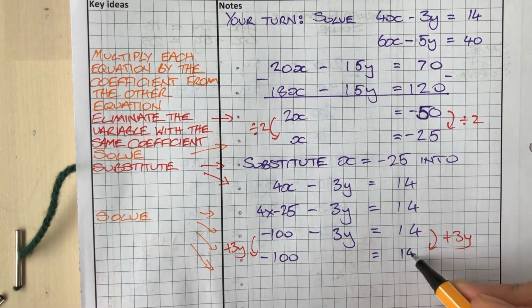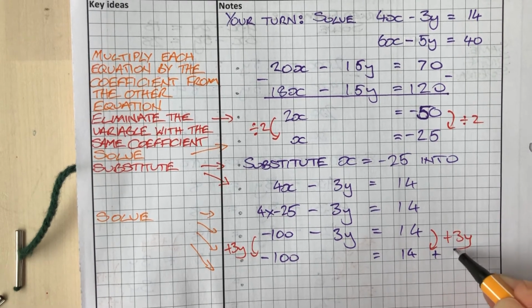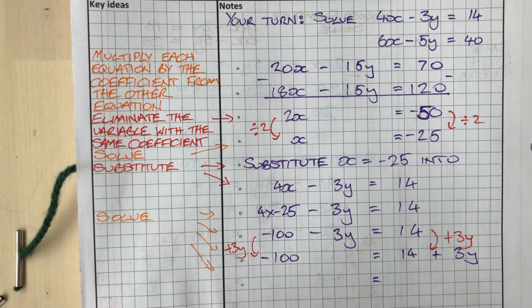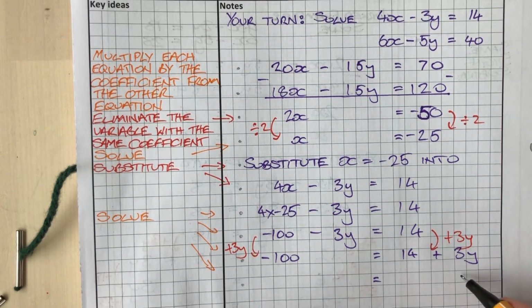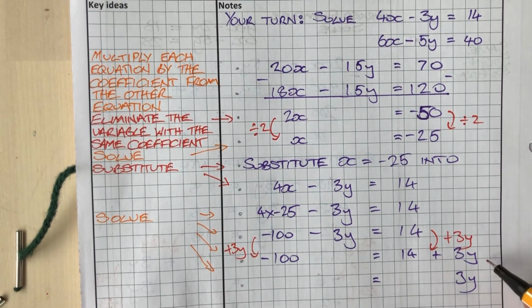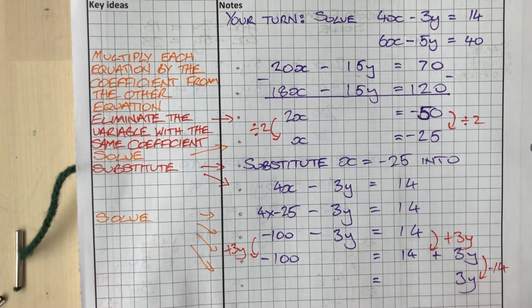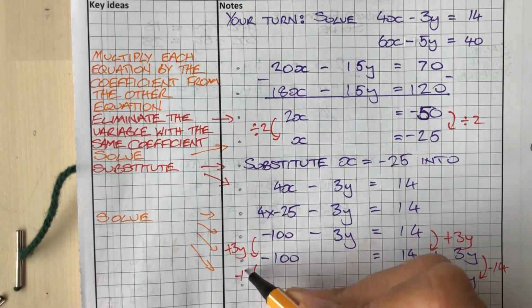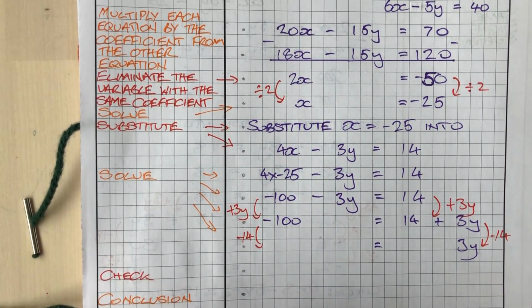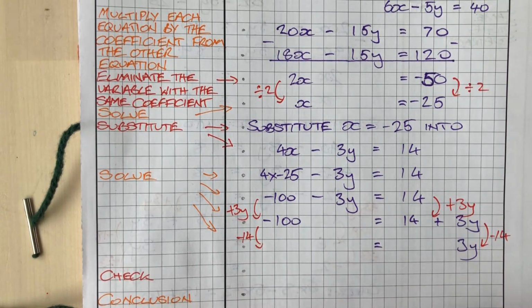So I've got 14, add 3y. Now I can choose to get rid of the add 14 by taking away 14, both sides. Be careful here. Negative 100, take away 14, so that's down 100, and then down 14 more.